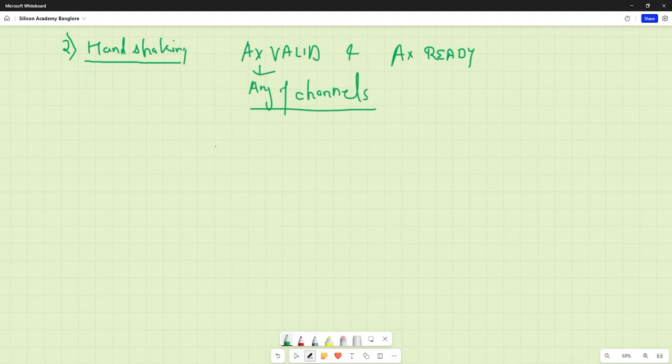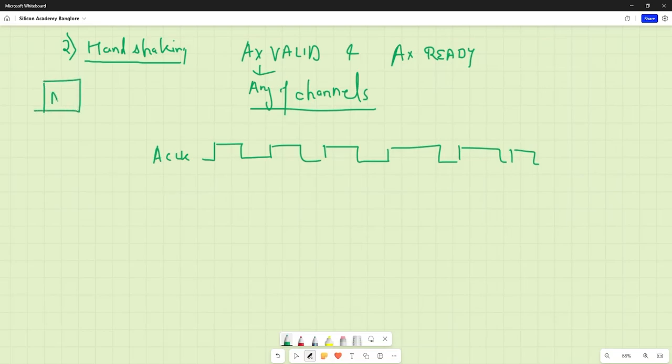So let's suppose this is a clock. This is our clock signal. Now the master wants to drive the data. The master wants to write some data into this slave.